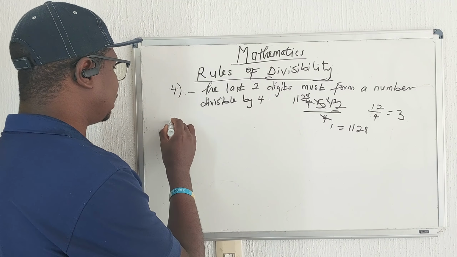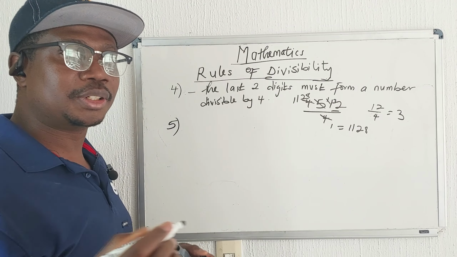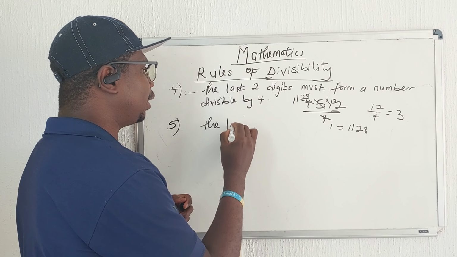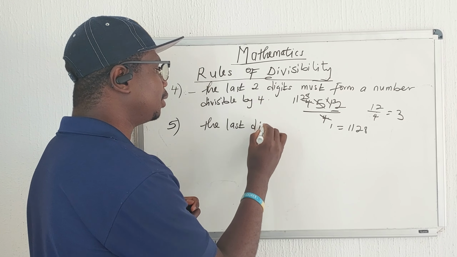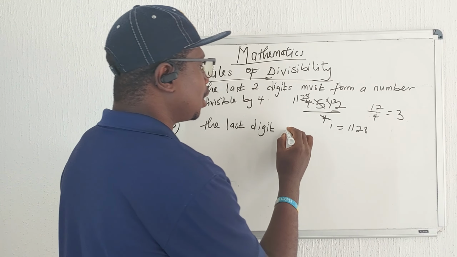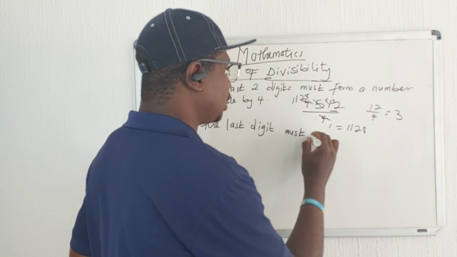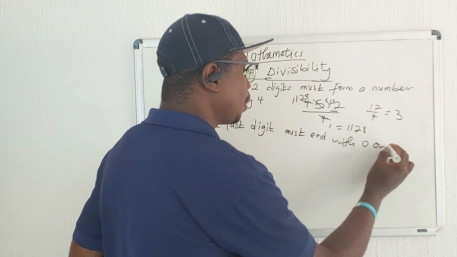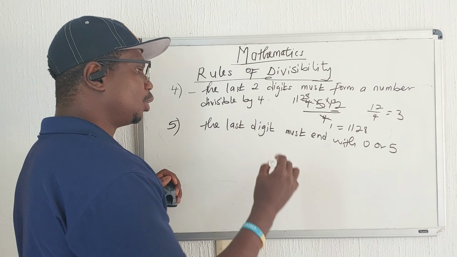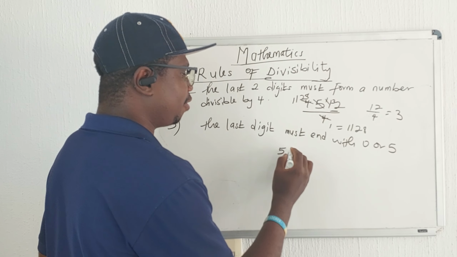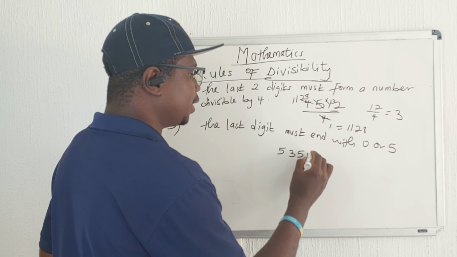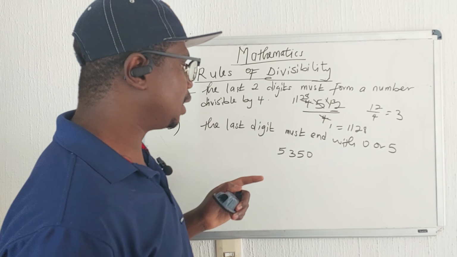Now the next test is 5. How do we know if the number is divisible by 5? The last digit must end with 0 or 5. For example, we have 5, 3, 5, 0. How do we test if it's divisible by 5?